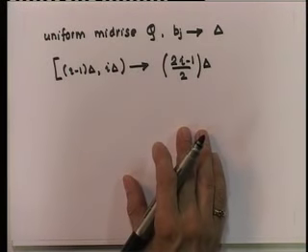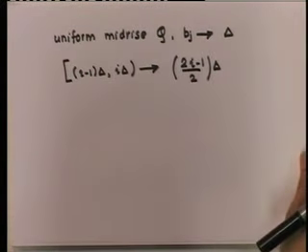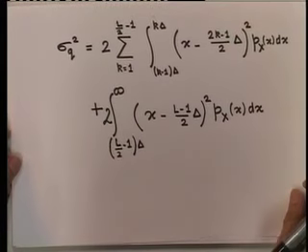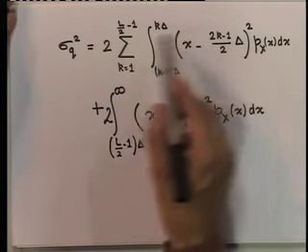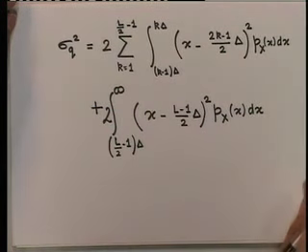Therefore, based on this, the mean squared quantization error can be rewritten as shown here.